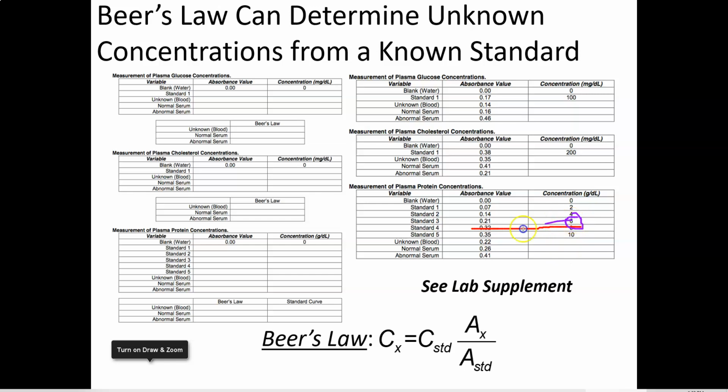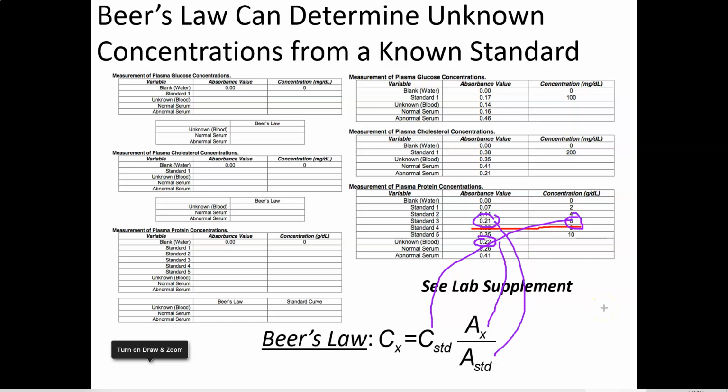So that concentration would go here, concentration of the standard. I would use the absorbance of the unknown, 0.22. That would go in my AX. And then the absorbance value associated with that concentration, 0.21, would go on the bottom.